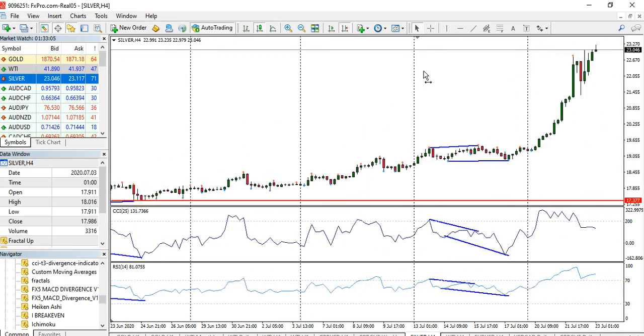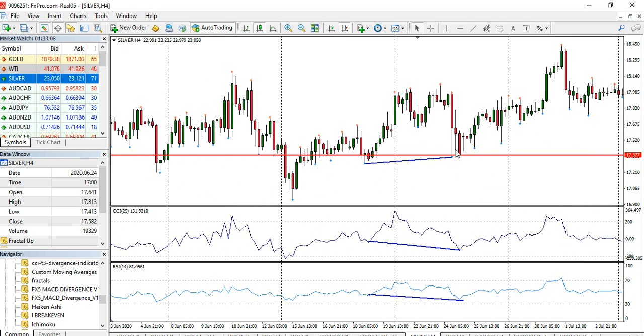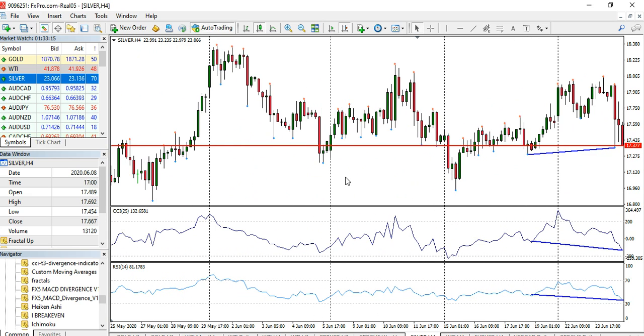You just had upward movement from there. So you're getting in right at the turning point. That is the brilliance of divergence. You're actually getting in right at the turning point. Here it is again. You had a low here to a lower low on the oscillator, and you have a low to a higher low on price.